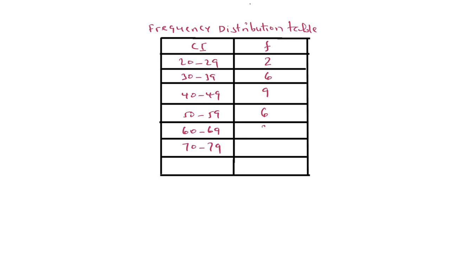The next is 3. And the last one is 4. Okay, so next let us finalize our frequency distribution table by finding the summation of the frequency, of which after summing the values we are going to have summation of frequency equals 30. And this is the required frequency distribution table.